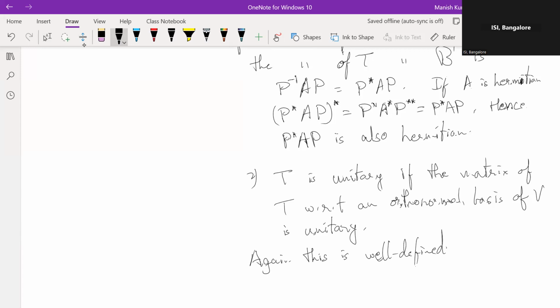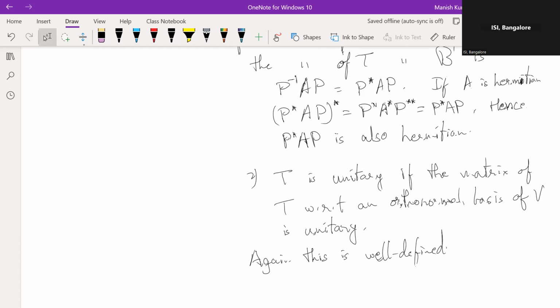Just check that if A is unitary, then P star AP is also unitary. You'll have to multiply this middle guy here with this guy, and you'll see it cancels out.